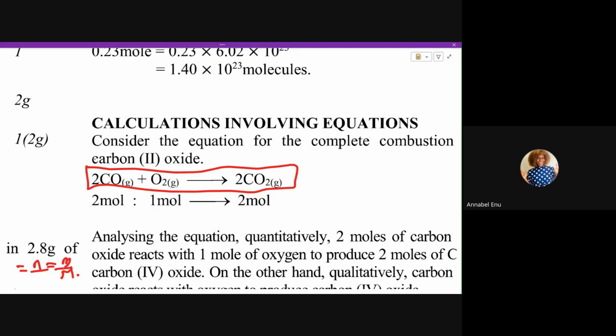So when you see an equation, don't rush into it. First thing, check if it is balanced. Not all the time will it be balanced, because once it's not balanced, everything you are doing is just a waste. So this one, when we look at it, it is balanced, right?